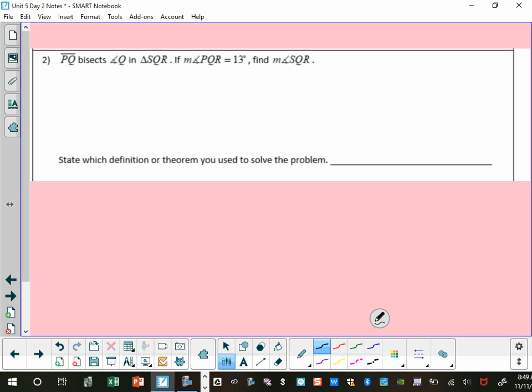All right, so PQ bisects angle Q in triangle SQR. So let's draw our triangle. Let's cross out this bottom line, we don't even need that.